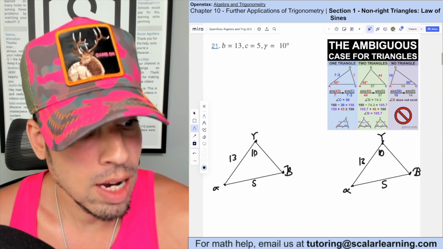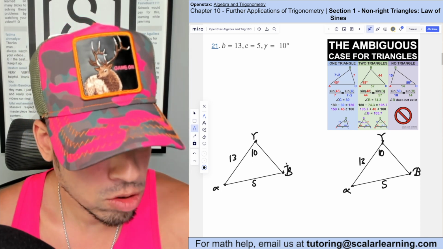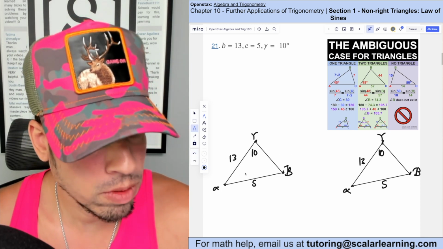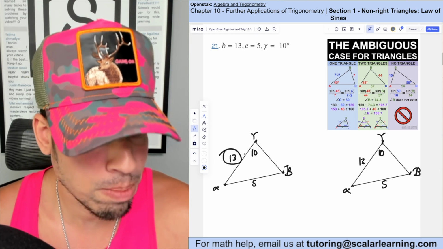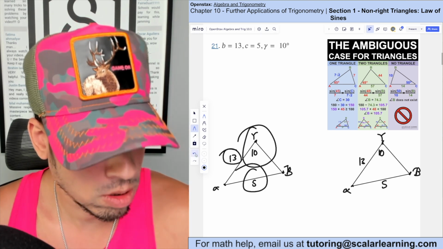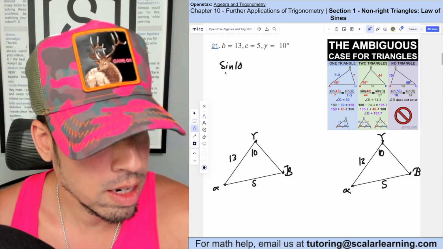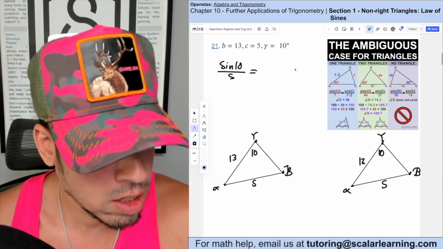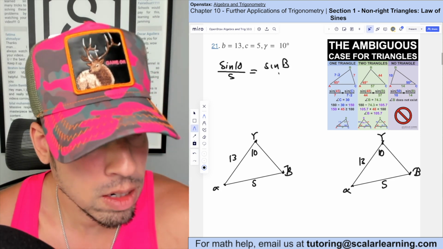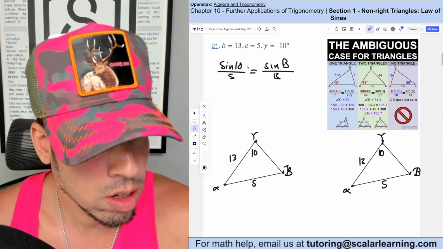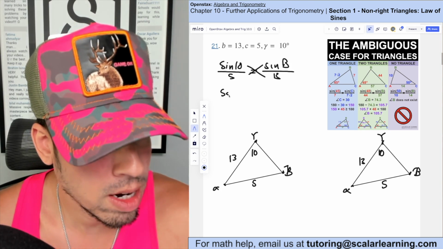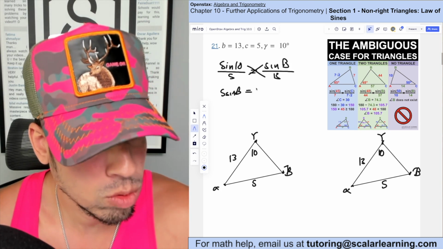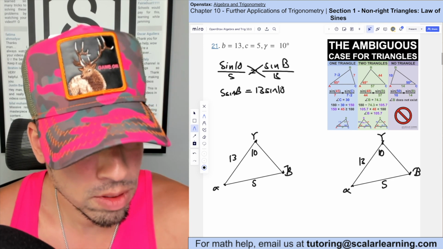All right, now let's begin by solving for beta. So why am I solving for beta first? Because I have the side opposite it, and then I have these two together, so let's do that now. So we got sine of 10 over 5 is equal to sine of beta over 13. All right, we're going to cross multiply, and we got 5 sine of beta is equal to 13 sine of 10.